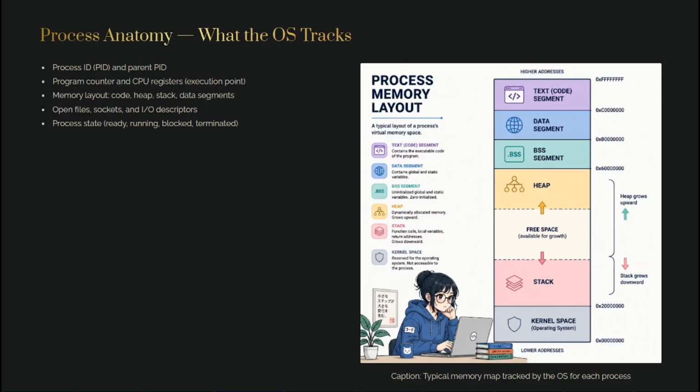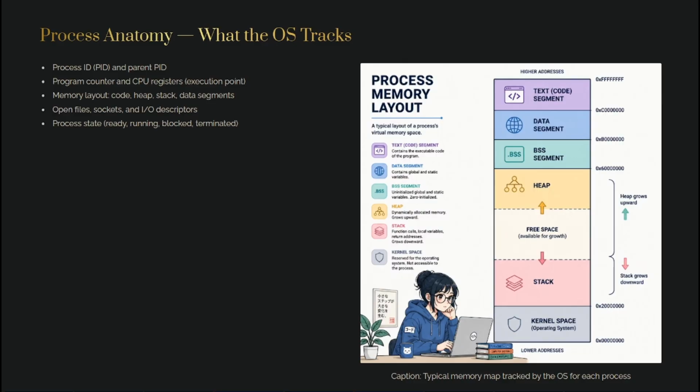Third is the memory layout: code, heap, stack, and data all placed in memory. Fourth is open files, sockets, and input output, anything the process is using to talk to the outside world.